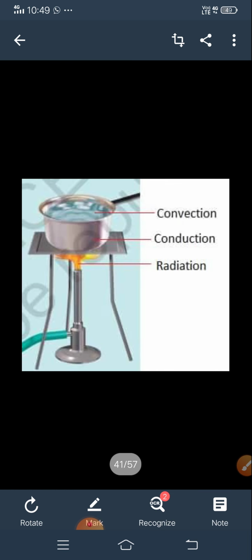So let us see what we mean by convection and conduction.